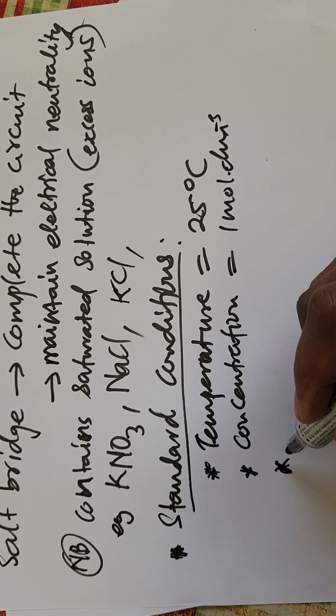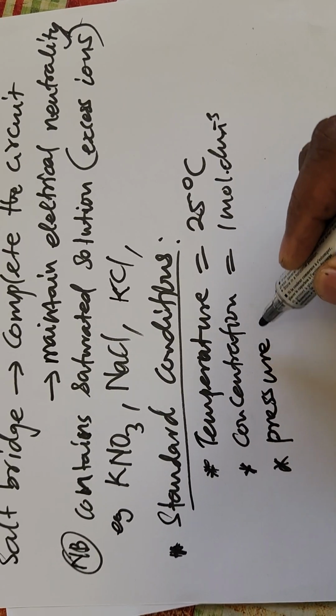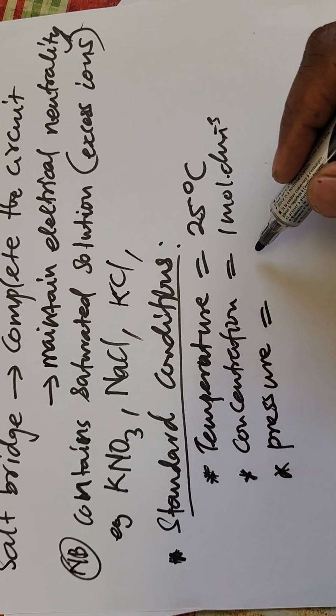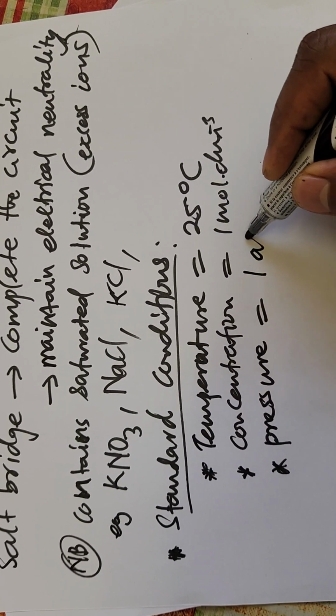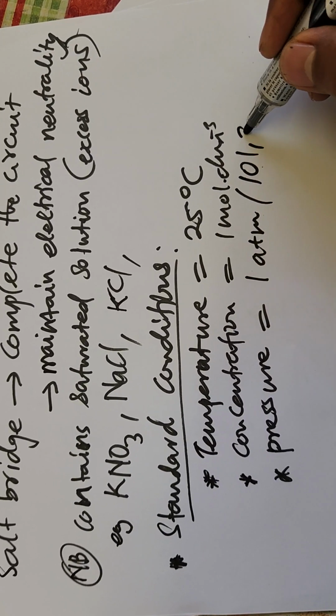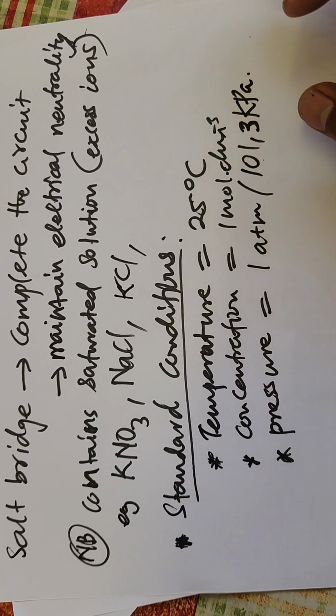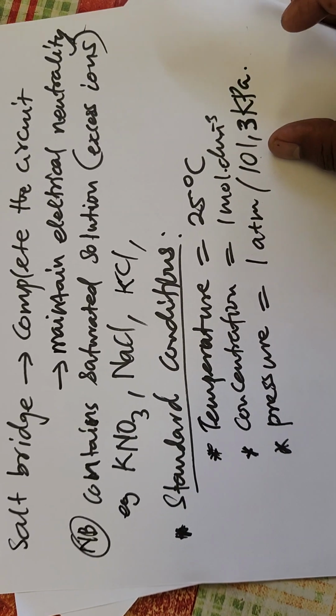And the last one, in the case of a gas, the gas pressure that is acceptable will be 1 atmosphere or 101.3 kilopascals. That is the standard conditions when the cell is in operation.